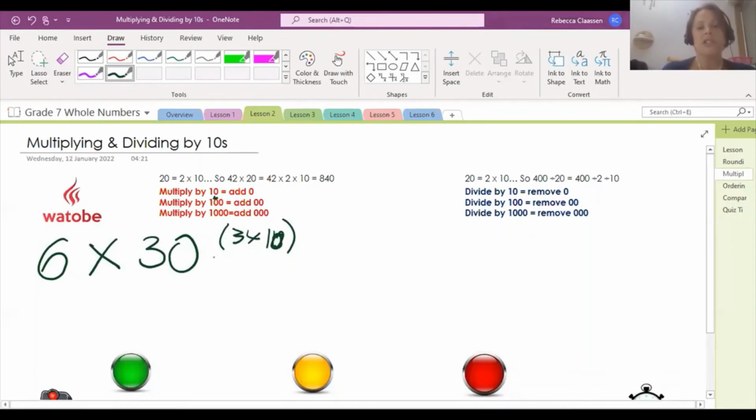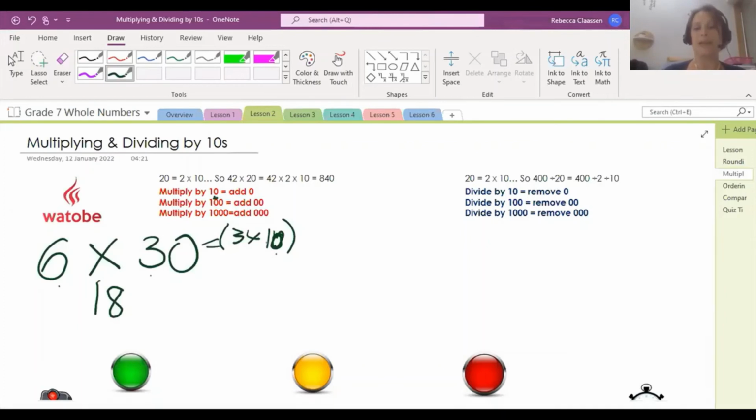So if I know that 30 is equal to 3 times 10, I can multiply my 6 by my 3, and 6 times 3 is, I hope you all know, 18. And then I can say 18 times 10. So all I'm doing is breaking my number up.